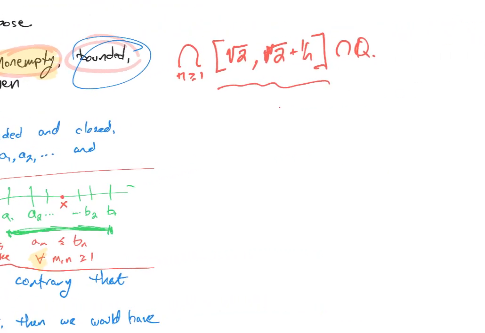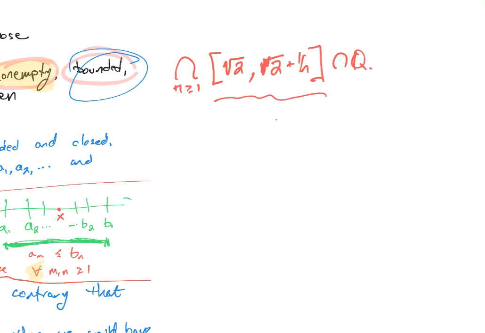That would be one way to prove that this intersection, in the reals, would only be square root of 2, because those lengths are going to 0. Okay, the other way to prove this would just be to go back to how we did example 1 and do it that way.